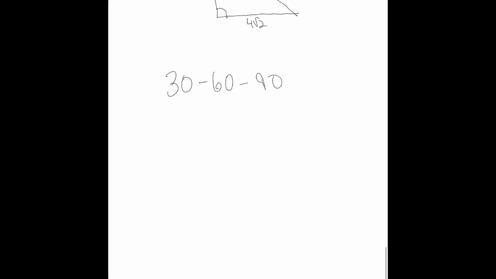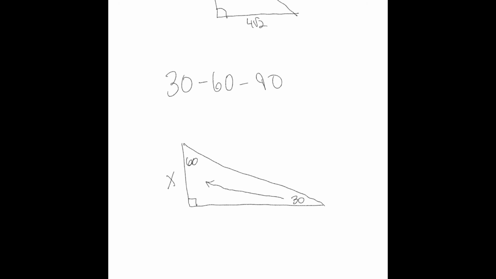Now let's look at a 30, 60, 90. Okay, so on your 30, 60, 90 triangles, the side across from 30 is your short side.